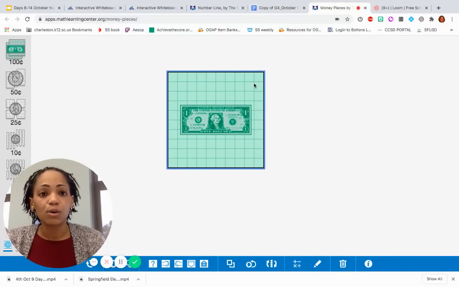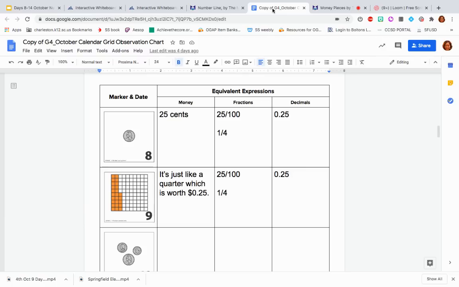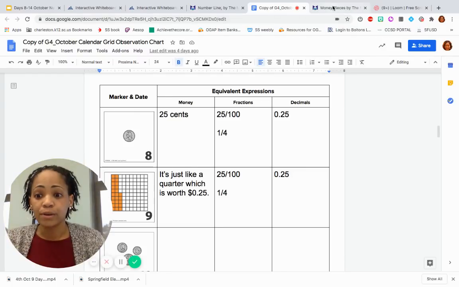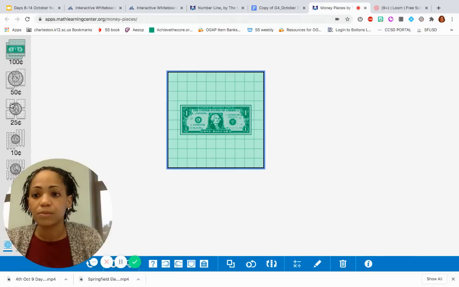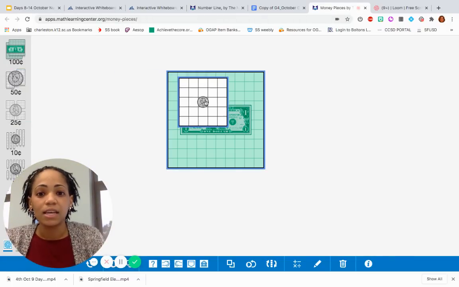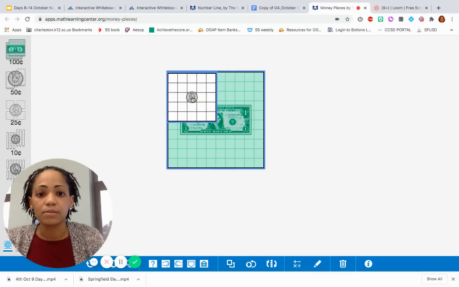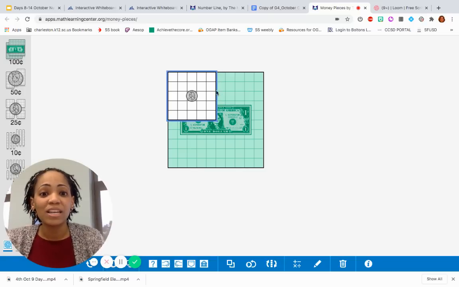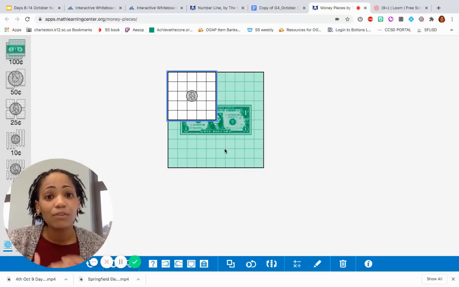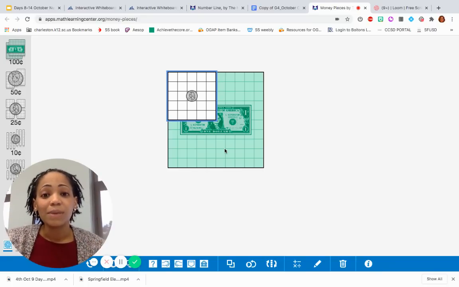So since October the 8th had a quarter, I'm going to pull my quarter on my Money Pieces, which is worth 25 cents, and put it on top of my dollar bill, which is 100 cents. We have 100 of these tiny squares here. So you can clearly see that we would need 4 of these, or you could think we need 4 quarters to make up a dollar.